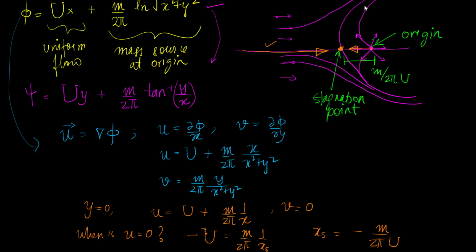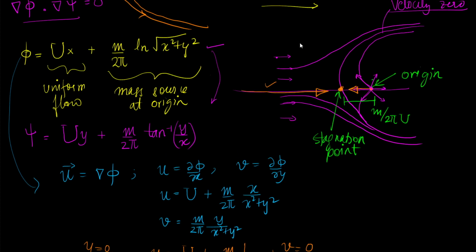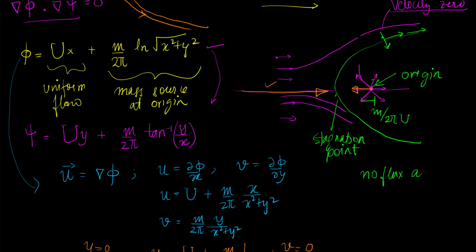So this particular streamline is therefore a stagnation streamline. It does not mean that the velocity is zero everywhere on the streamline. It means that if we focus on this particular streamline, there will be velocity along the streamline, but there will be no flux across a streamline.